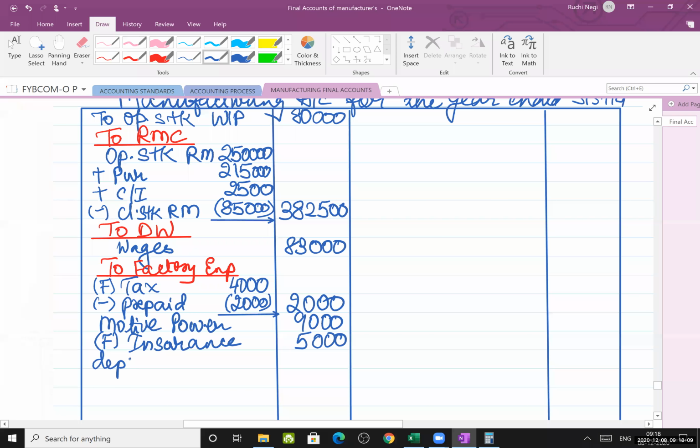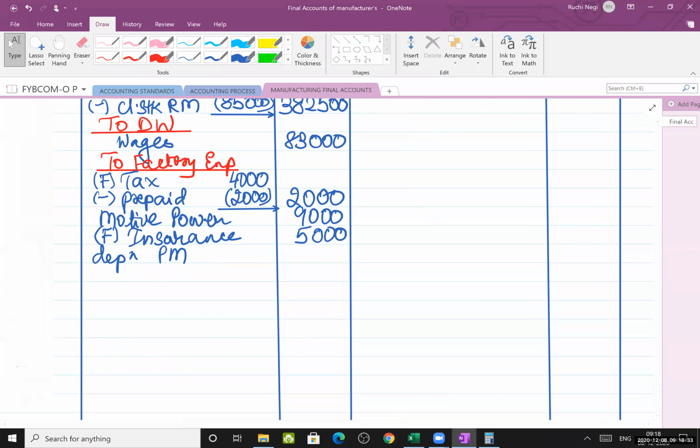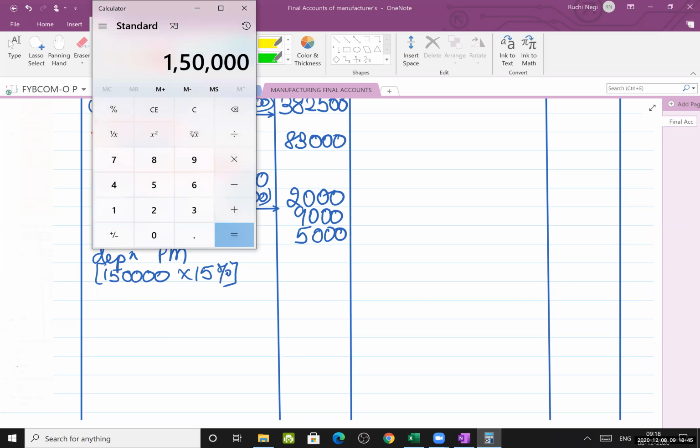Then depreciation on factory. What was that? Plant and machinery. So no need to write the word factory. Just write depreciation on plant and machinery. It is obviously understood. So how much was plant and machinery? 1,50,000. So 15% of 1,50,000 you have to calculate. It comes to 22,500.